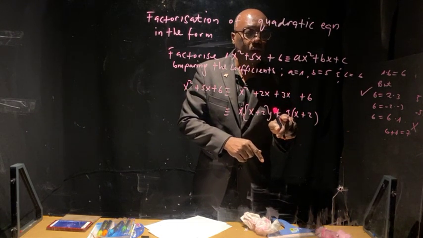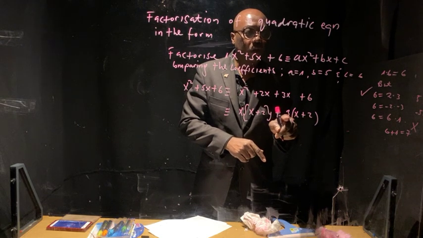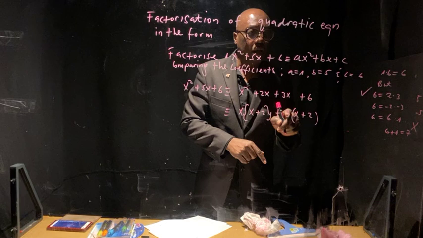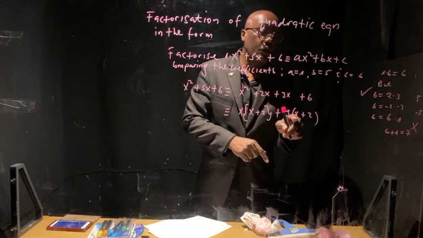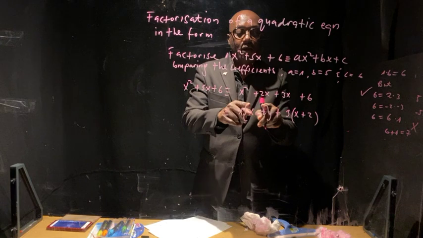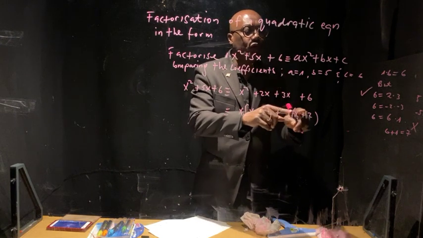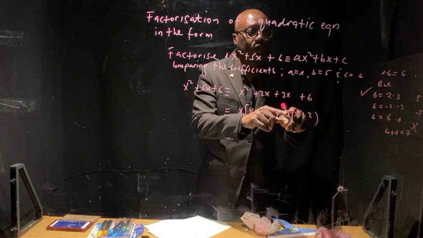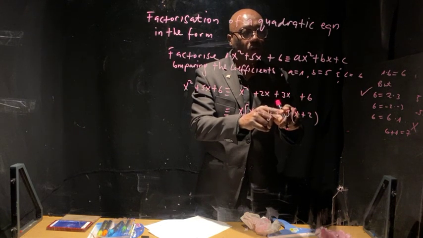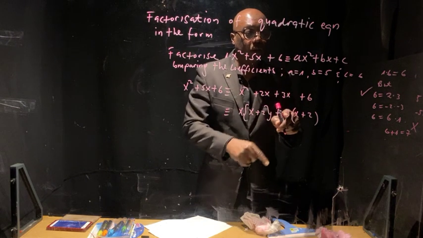So you can see that if I multiply 3 to x, it will be 3x, which is this one. And if I multiply 3 to 2, it will be 6, which is this one. So whatever I have here, I will always impose it here. And then algebraically, I will find a coefficient that will correspond to this one.